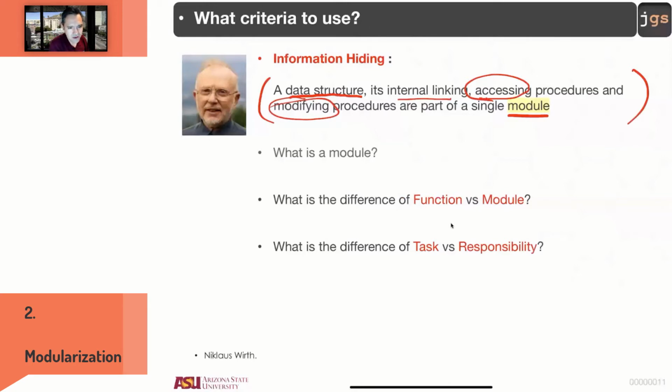Information hiding. I don't care about the format. I don't care about the storage. There are pointers, references. They are consecutive in the memory with an array. I don't care. Neither the format, neither the storage structure. The only thing that I care about is: give me access to insert, modify the data, and give me access to consult the data, search, get, retrieve.